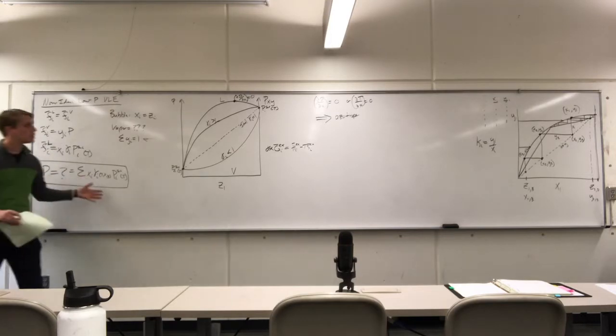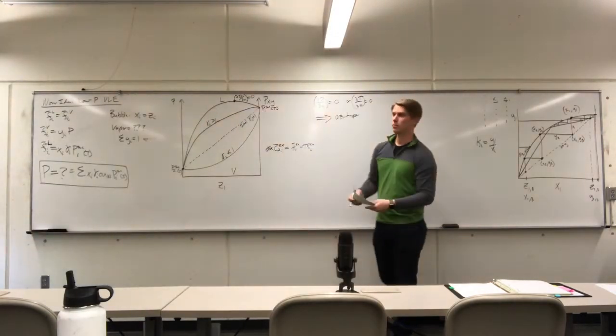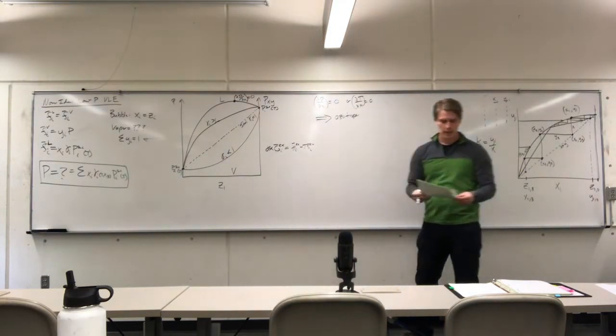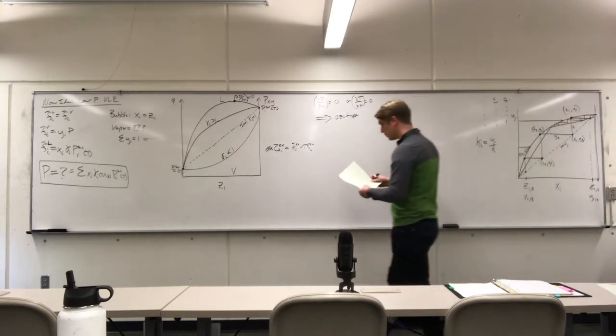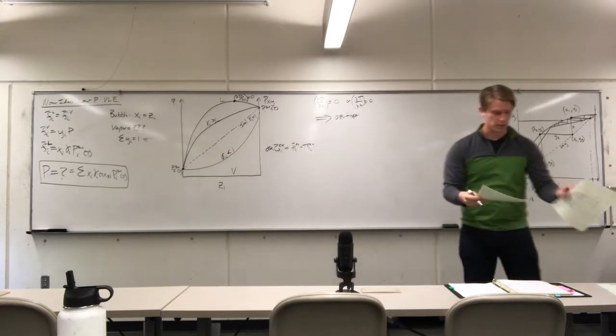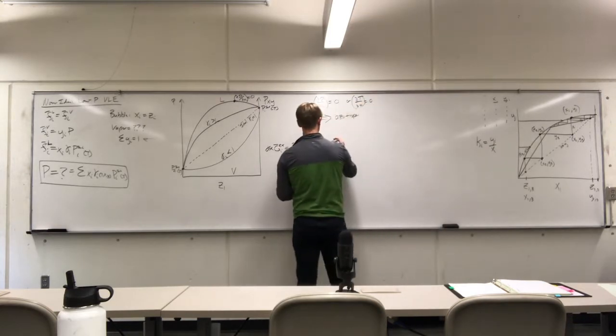Now, if we go through this exercise, we'll have to end up using the Gibbs-Duhem equation, which is a shame because we're not going to do it, so we can't actually see the Gibbs-Duhem equation in action. But if we go through the mathematics, and it's rather extensive, well, not too bad. It's something we could do in a couple minutes, but not worth our time right now. Keep on a couple more pages of notes here for that derivation. We end up with an expression that ultimately ends up looking like this.